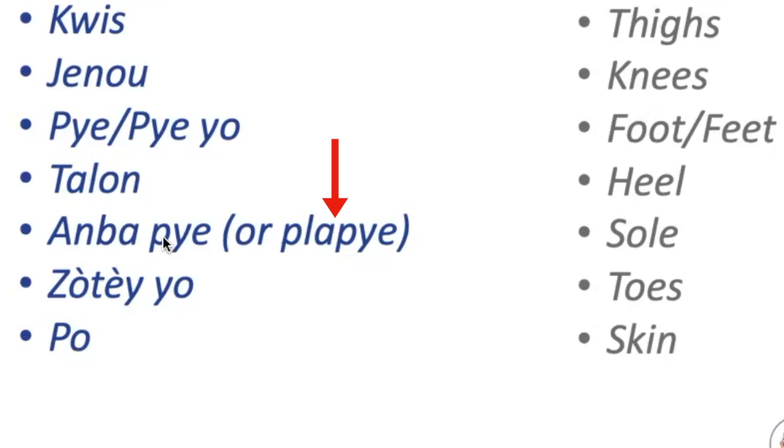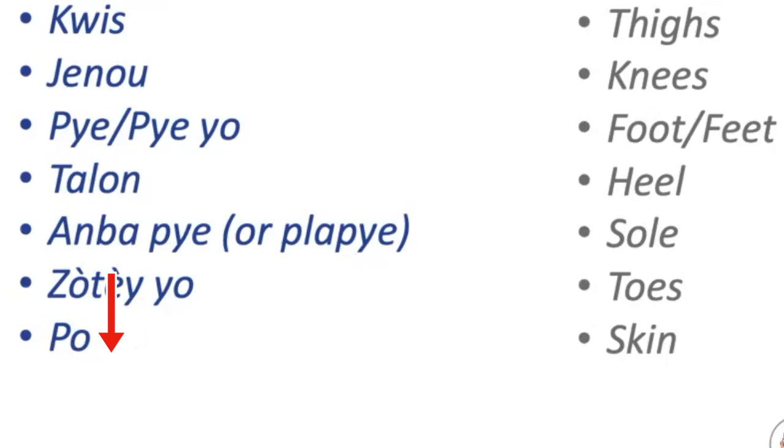En bas pied, it's sole. Toes, orteils, and yo to indicate plural, orteils, that means the toes. And skin, the largest organ of the body, is peau. Skin is peau. All right.